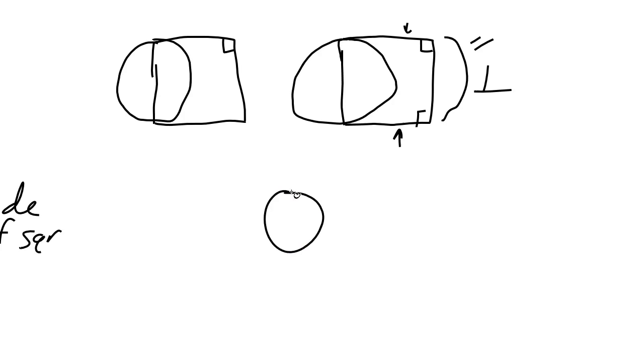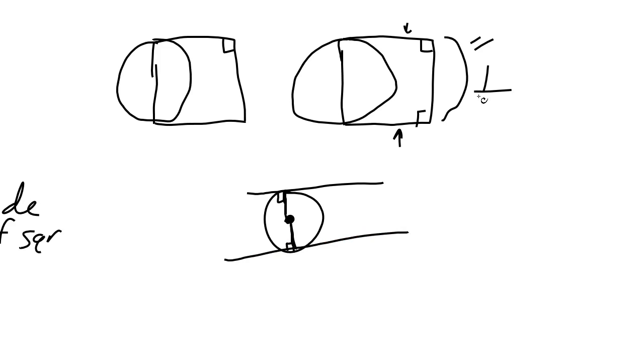If I've got a circle, the tangent line, and I draw a perpendicular to that tangent line, that's going to go through the center of the circle. If I draw another tangent line, drop a perpendicular, that's going to go through the center of the circle.